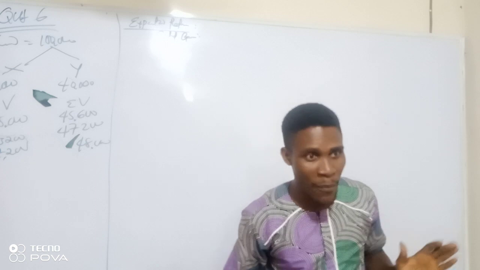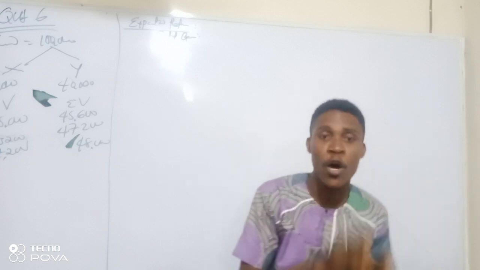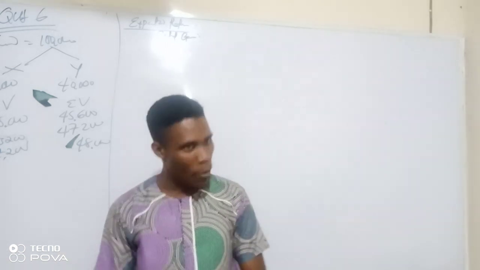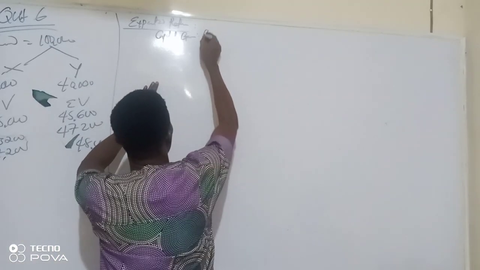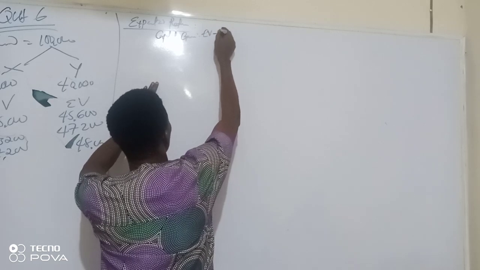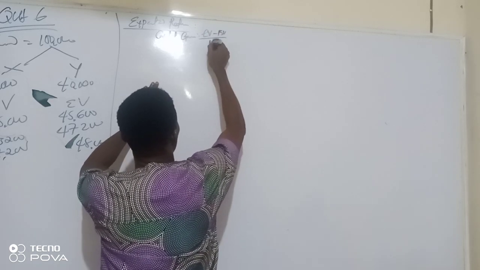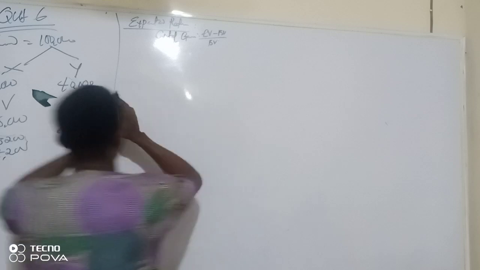In this question, there is no dividend, otherwise it would be capital gain plus dividend yield. Am I communicating?